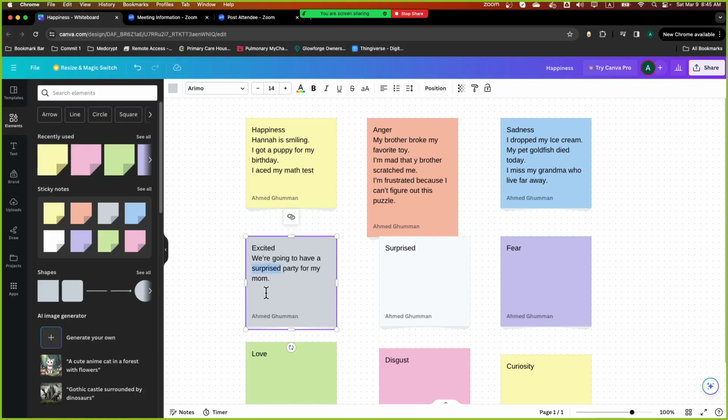The emotion explorer should not tell that the person is surprised, because he's going to give a surprise to her mom. So our robot is not just going to look at the words, it's going to understand what's going on and what the context is.